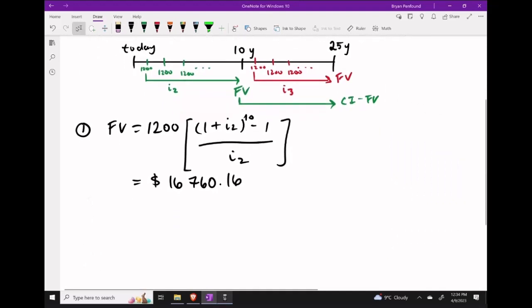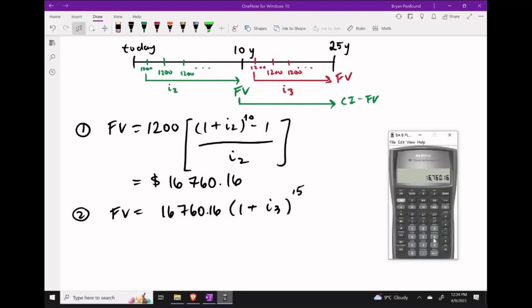$16,760.16. Now we do need to move this forward 15 more years using the compound interest formula, so let's do that right now. So let's take our 16,760.16, and we're going to multiply this by 1 plus I3. Okay, so recall 8.